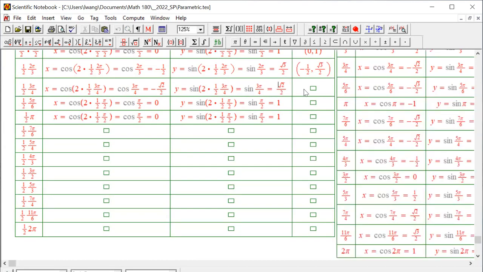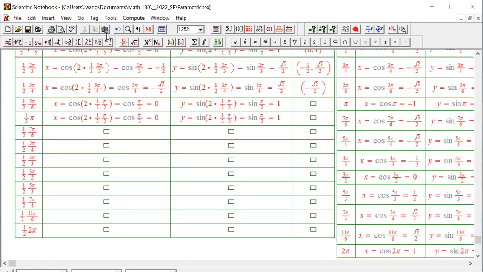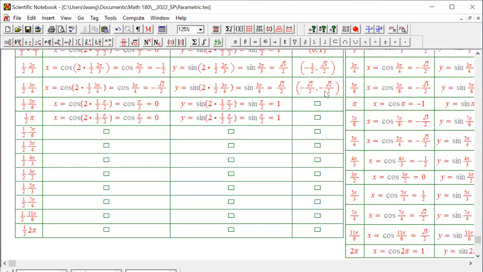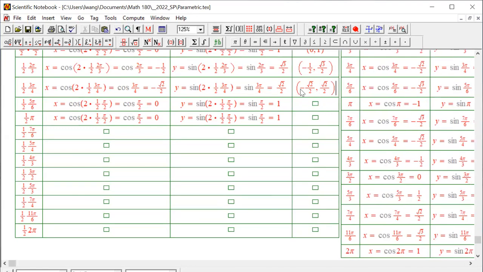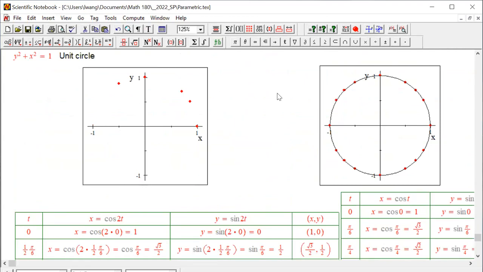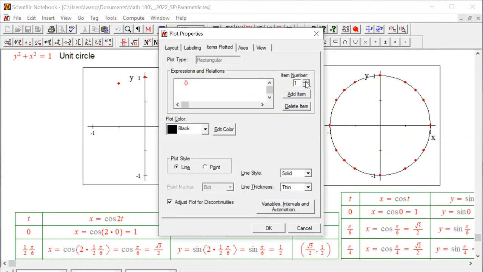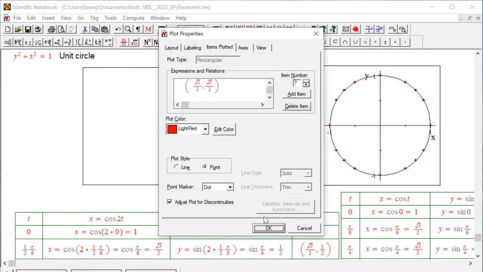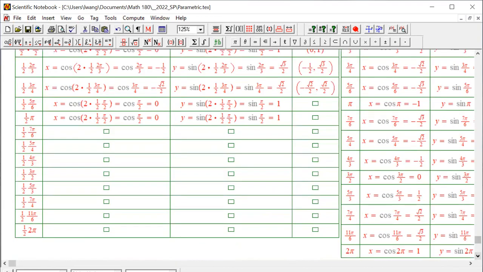It takes a lot of patience, don't you see? So that's going to be negative root 2 over 2, and the other one would be root 2 over 2. So we have a point right there on the unit circle. It takes half the time.